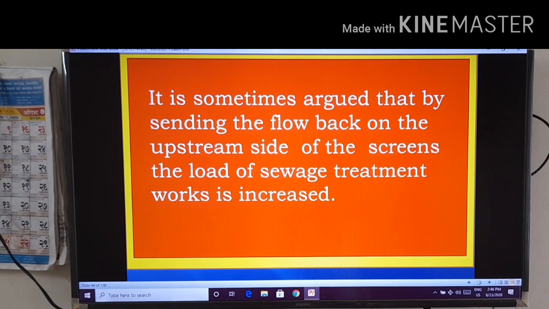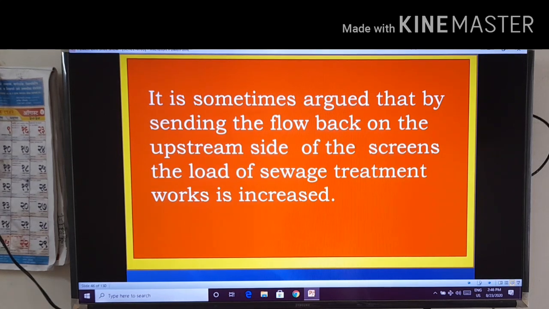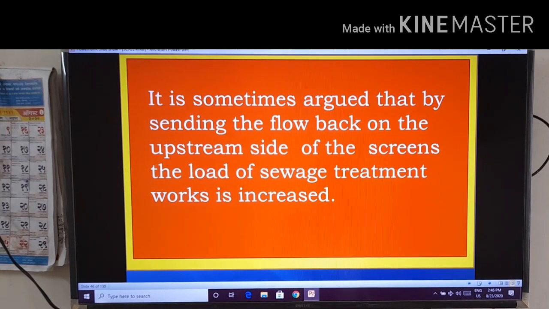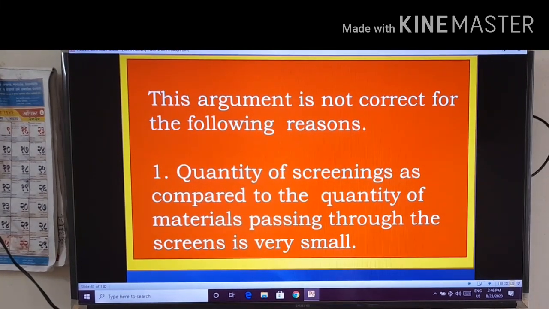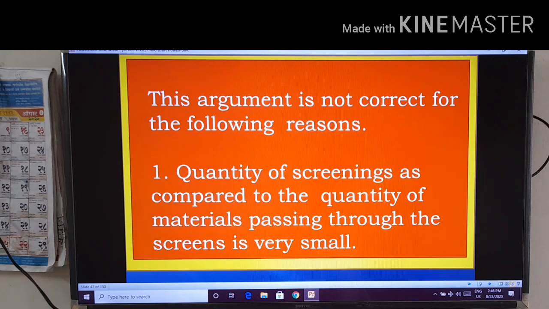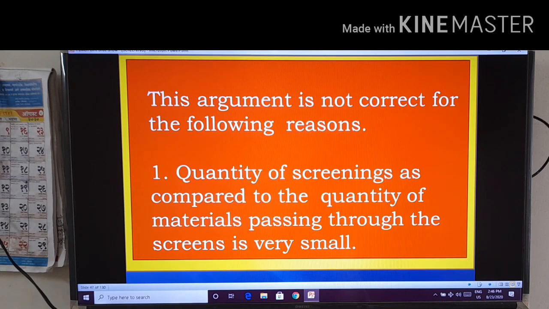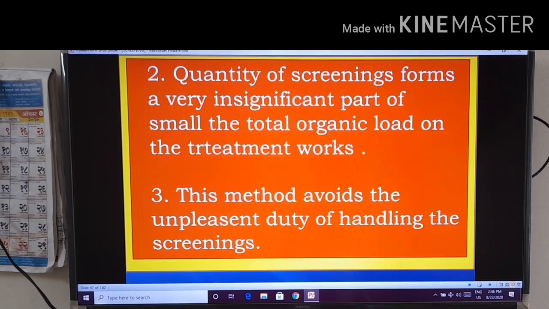It is sometimes argued that by sending the flow back on the upstream side of the screens, the load of sewage treatment works is increased. This argument is not correct for the following reasons. First, the quantity of screenings as compared to the quantity of materials passing through the screens is very small.